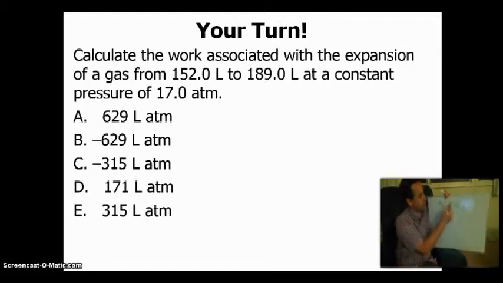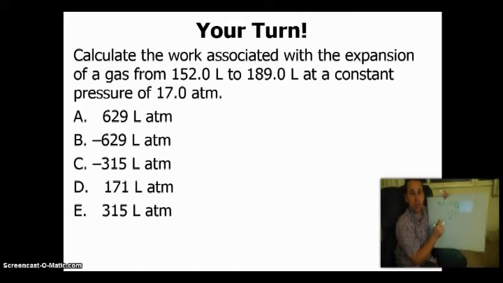Okay, so the pressure here is 17 atmospheres, and the change in volume is final minus initial, 189 minus 152, right? So final volume, 189, minus initial volume, 152. That's our change in liters.